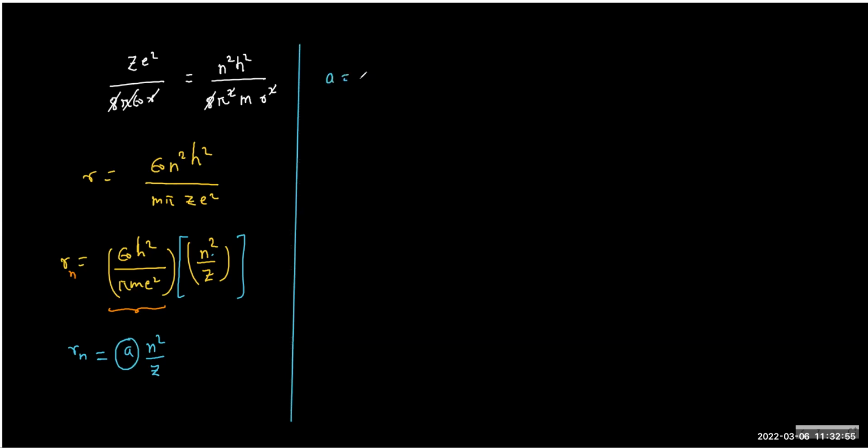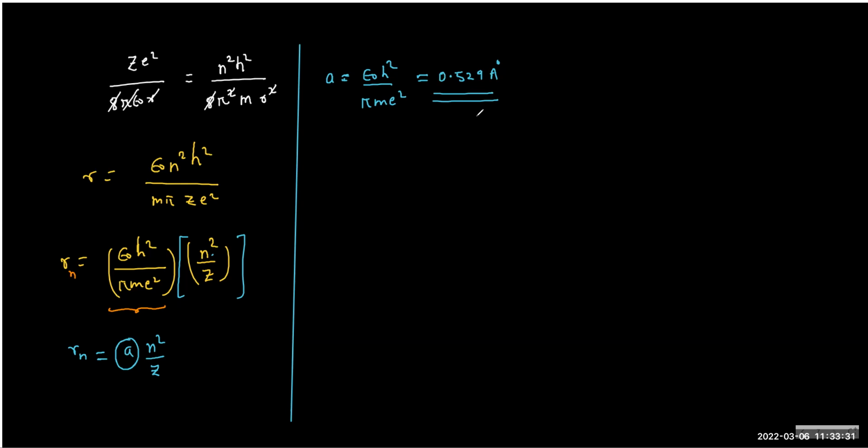So that's 0.529. Yeah, correct. So the A value is epsilon naught h square upon pi m e square, and this is equal to 0.529 angstrom. So this is the least radius possible, or you can say at the same time this is the radius of the orbiting electron in H atom in ground state.